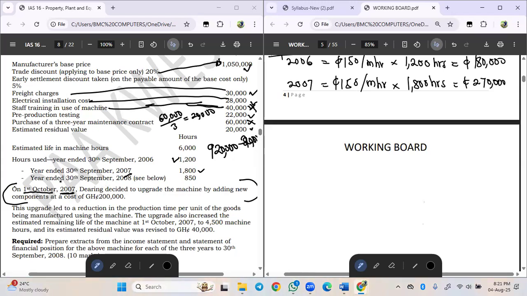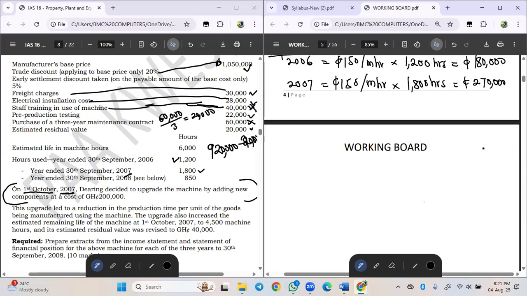Because the closing figure, or the carrying amount, for a particular period here, 30th September 2007, becomes the opening one for what? 1st October 2007. Okay, so here we have to determine the carrying amount as at 1st October 2007.